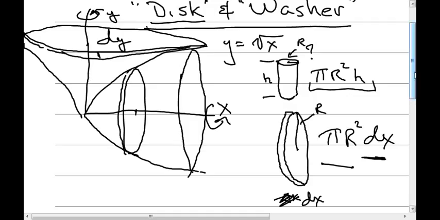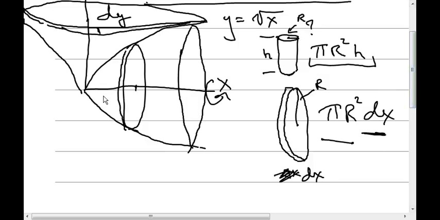Well, let's make this more concrete, and let's say that I wanted to calculate the volume of this projectile bullet-like shape from 0 to 4. So we set up the problem. We want to go from 0 to 4. We see the projectile, the thickness of the disk that we'll be using is in the x direction, so we know this is going to be dx.